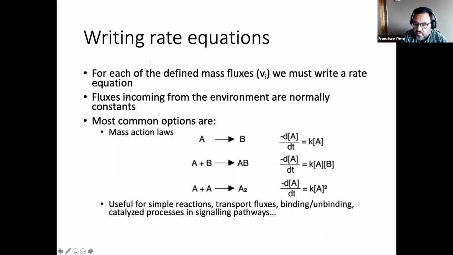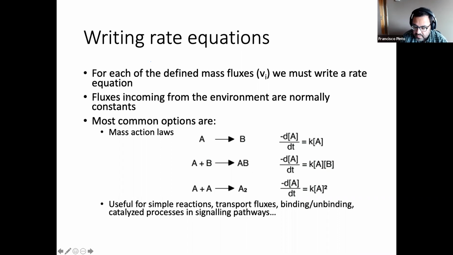And it is valid for simple molecular reactions. If you have catalyzed reactions, eventually these mass action laws are not so accurate. But normally, biological systems are well approximated by dynamical systems using mass action laws.